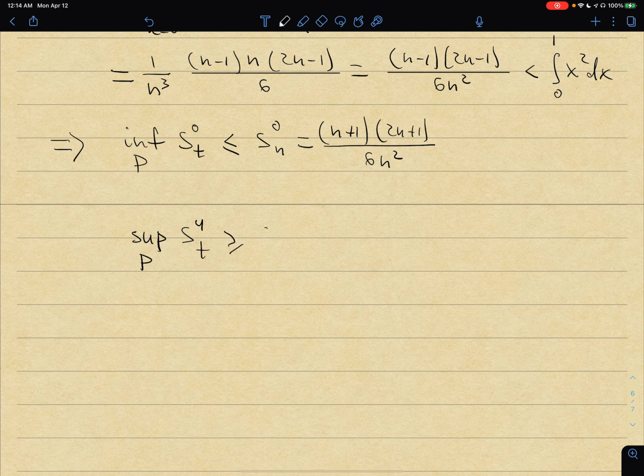So this should be larger than the particular area approximation for my specific partition. So it should be larger than S_n^U, which was, once again, n minus 1 times 2n minus 1 over 6n squared. Okay?